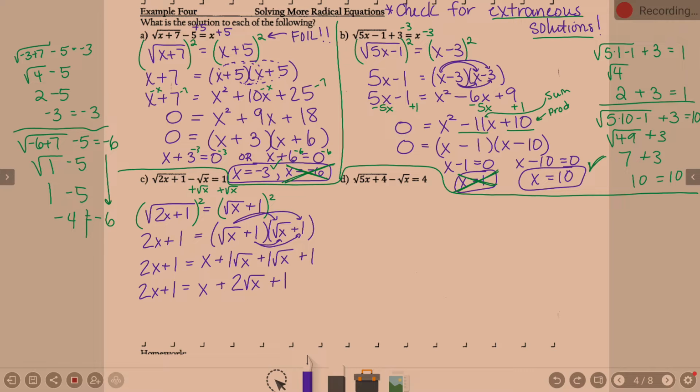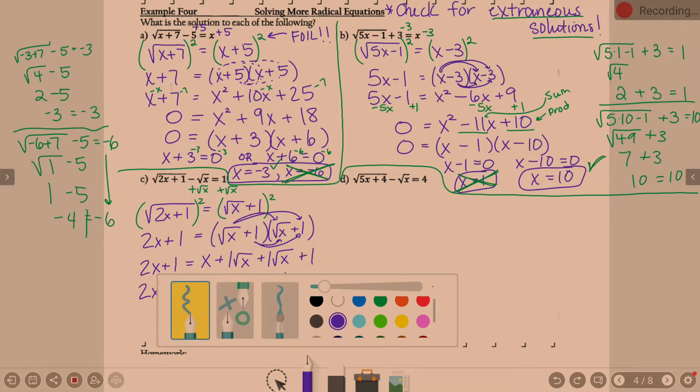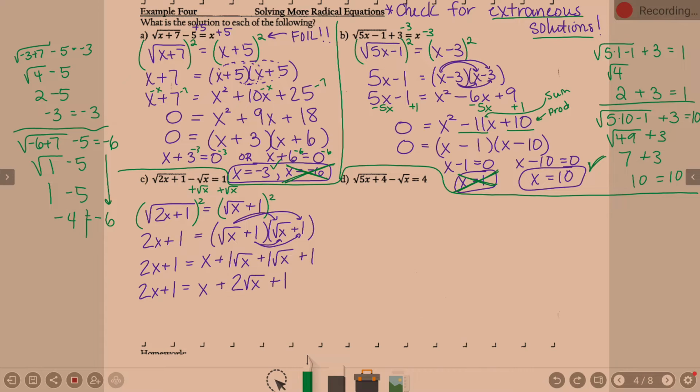Okay, guys, the trick here is we got a radical by itself. We squared it. We got rid of that radical, yes? We still have one more radical. We need to get this radical by itself and square it, and then we'll be home free. So in order to get this radical by itself, I need to move over my x and my 1.